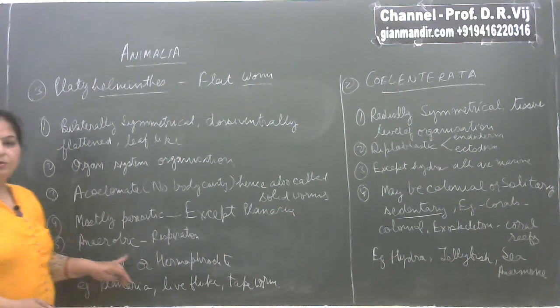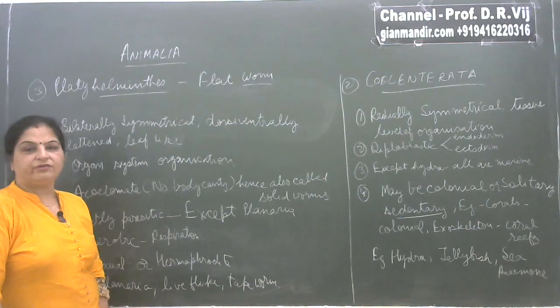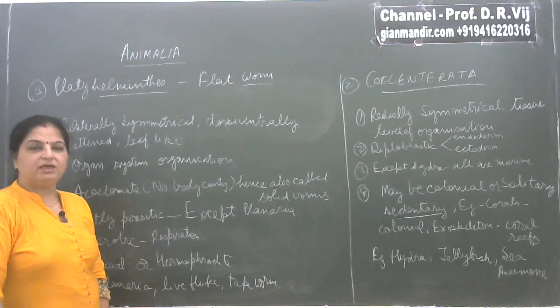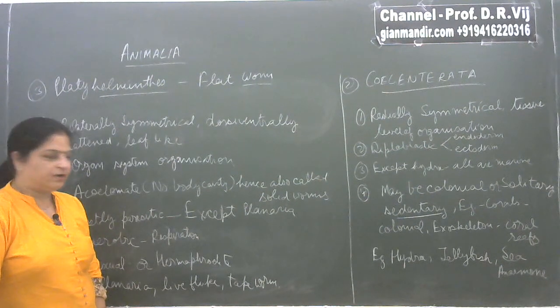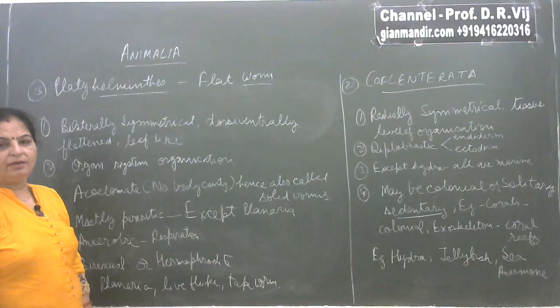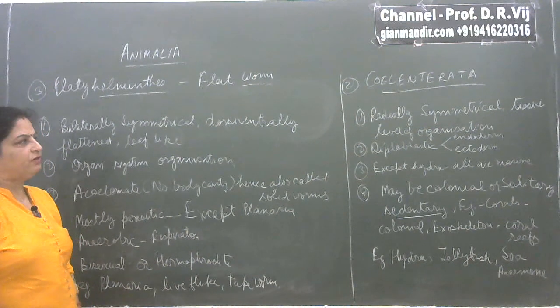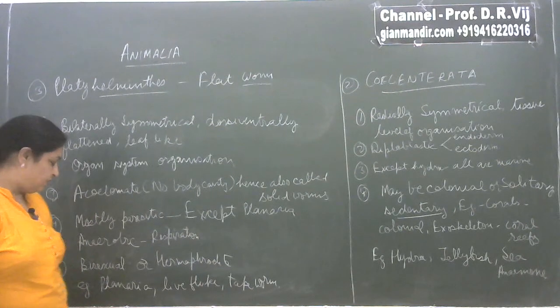And the mode of respiration is anaerobic, as they are parasitic. They live in the bodies of living hosts. That's why they don't get free oxygen for aerobic respiration. Bisexual or hermaphrodite means both male and female reproductive organs are present in the same individual.